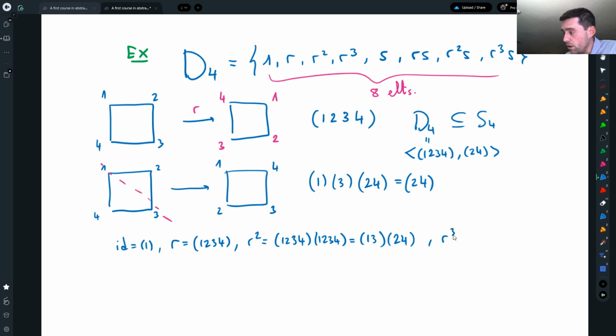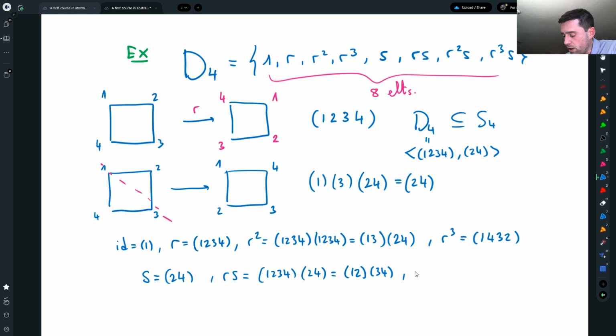So it is the product of the disjoint cycles 1, 3 and 2, 4. R cubed, if you do the same thing again, or if you do it as a rotation, you can see that that is the 1, 4, 3, 2 element. S itself, we just saw, is 2, 4. And then RS will be 1, 2, 3, 4 times 2, 4. And you can compute that yourselves, and that is 1, 2, 3, 4.